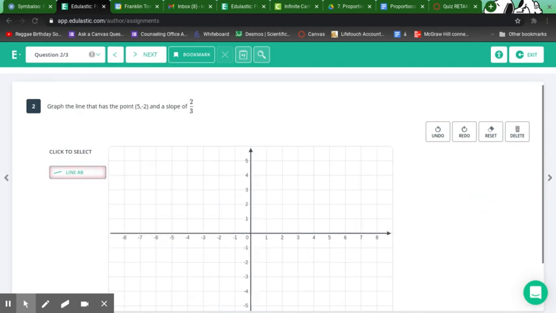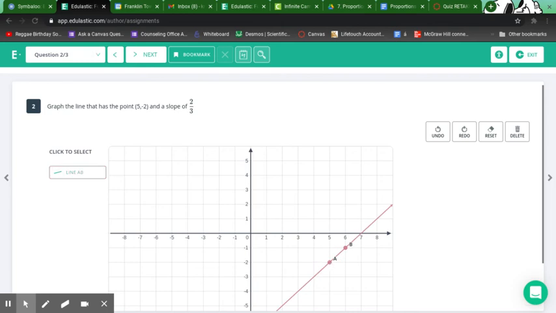Graph the line that has the point (5, -2) and a slope of 2 over 3. Again, I'm going to click here to select my line. My point is (5, -2). So x is 5, and along the x-axis I'm going to go over to positive 5. And y is -2, so I'm going to go down 2 and plot my first point.